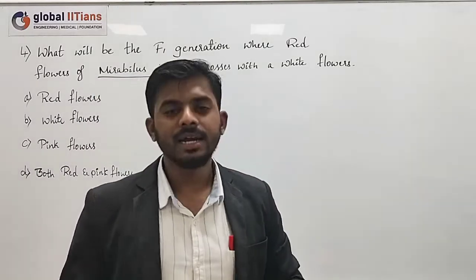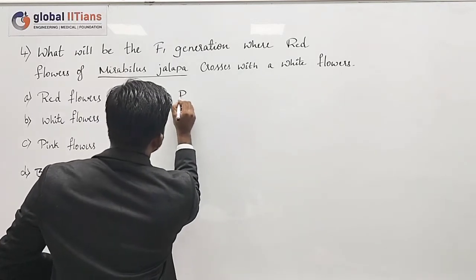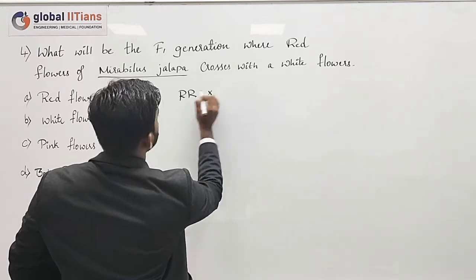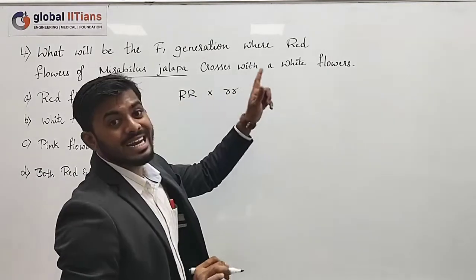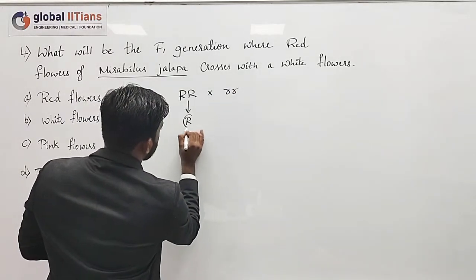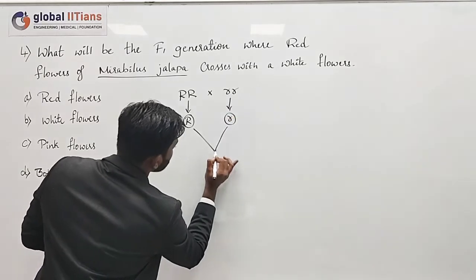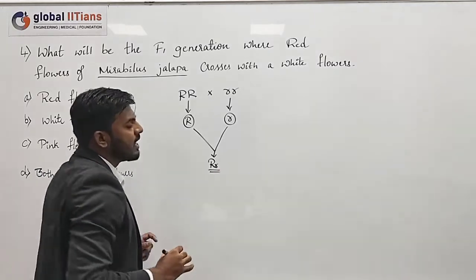Let us underline that and just move on. Guys, we'll take a dominant red genotype as capital R, and let us have a genotype of white as small r because they are recessive in nature. Now they are going to form gametes, capital R and small r respectively, and after that they are going to form a F1, whereas capital R and small r respectively.